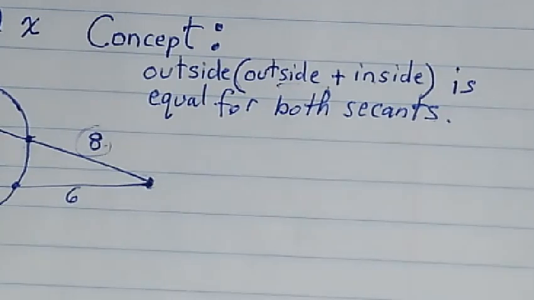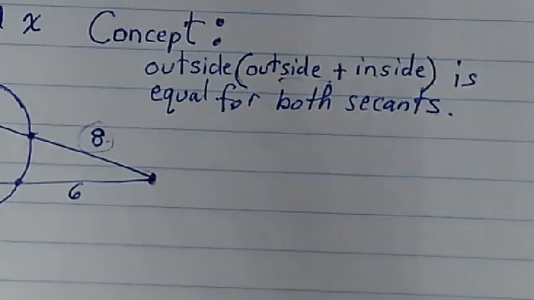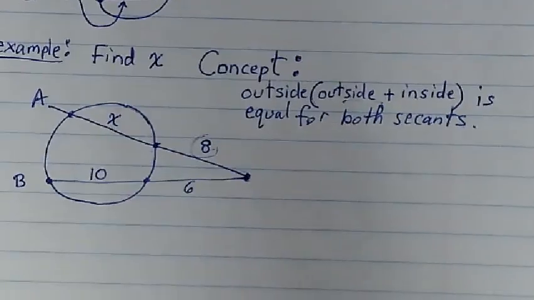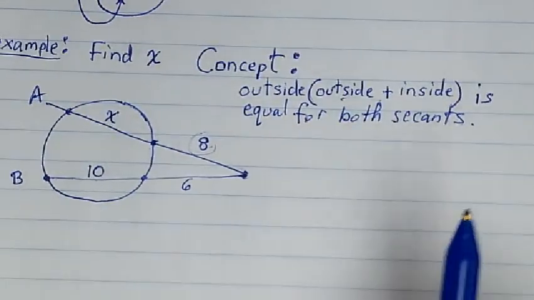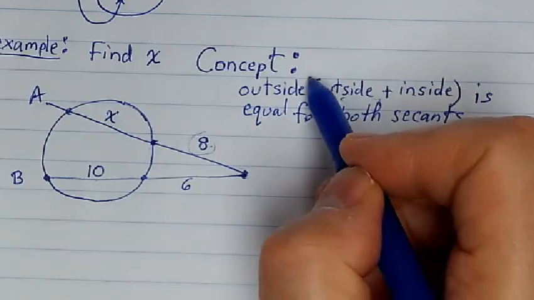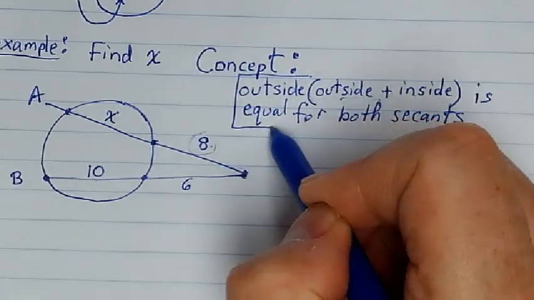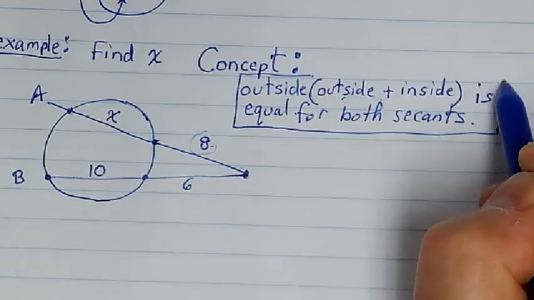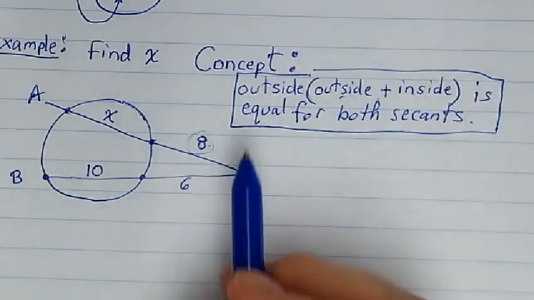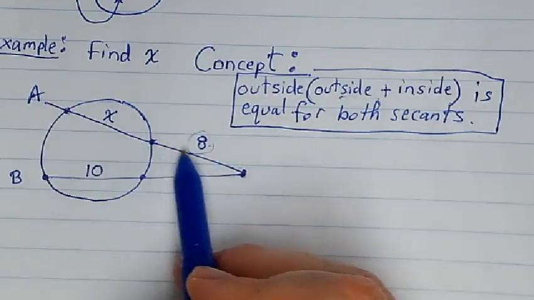It looks like this. I'm going to show you right now. This concept means the way you create your equation is by taking, like say the outside for secant A. What's the outside?